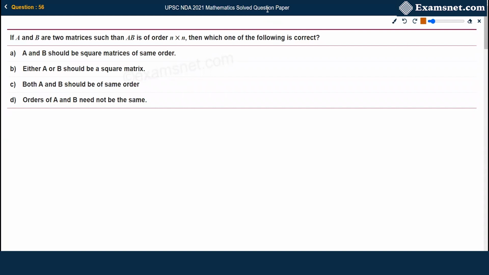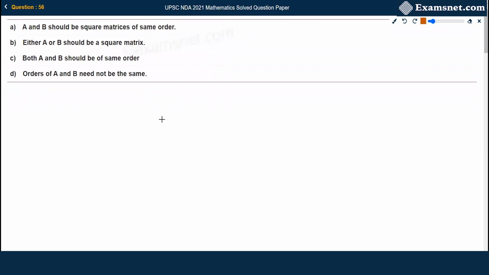In question number 56, it is given that if A and B are two matrices such that AB is of order n multiplied by n, then which of the following is correct? First let me give you some concept of order of matrices and how the operation of matrices works.